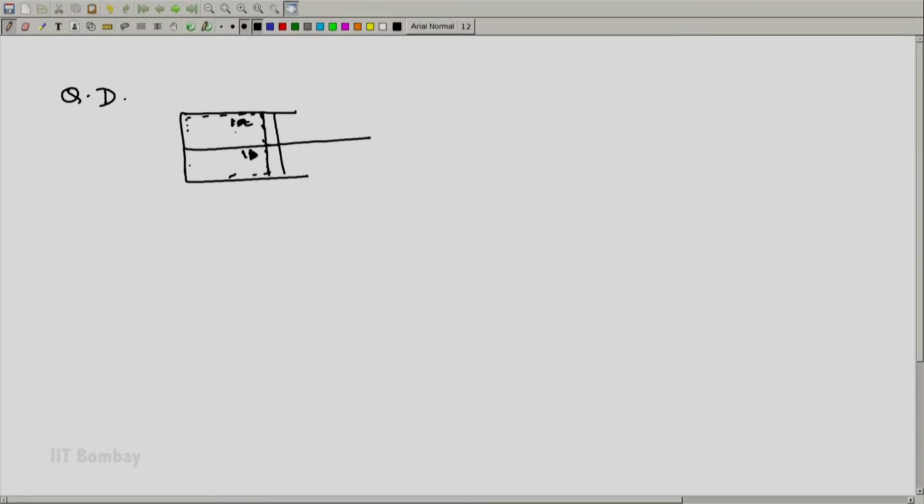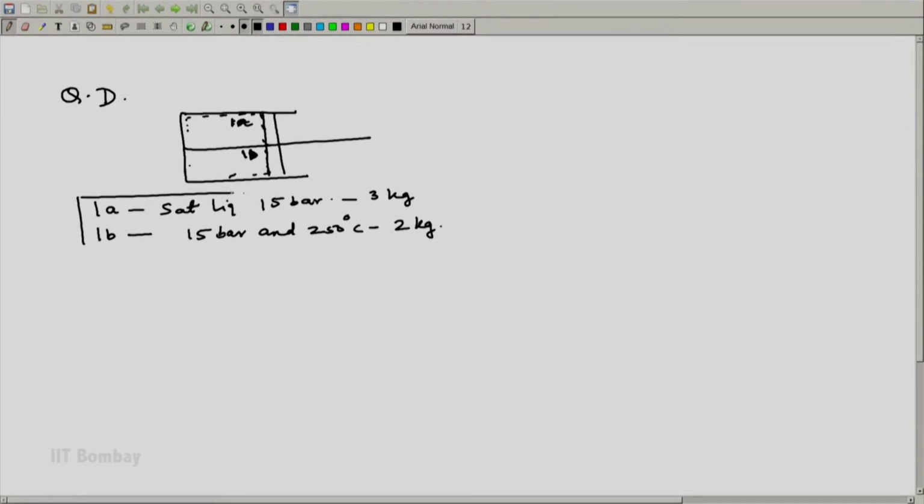So, we can say that 1A is saturated liquid water at 15 bar and the mass is 3 kg, and state 1B is at 15 bar and a temperature of 250 degree centigrade and the mass is 2 kg in this case. So, this is what is given about the state 1, which consists of 1A and 1B together.